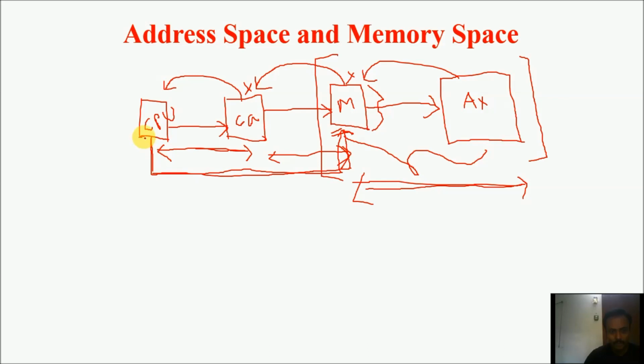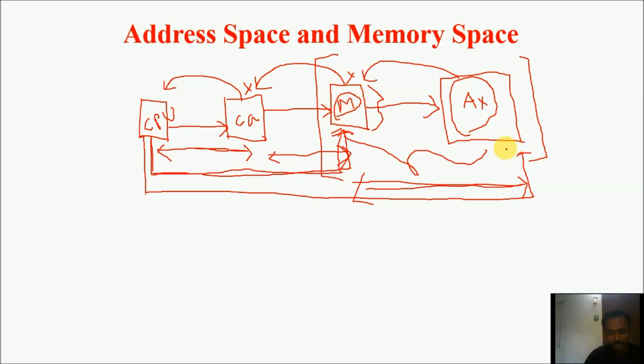But if your computer supports virtual memory, then what will happen? The programmer can generate addresses larger than the main memory, that is, equal to the size of the auxiliary memory. Obviously the size of the auxiliary memory is larger than the main memory. The size of the hard disk is larger than the RAM.